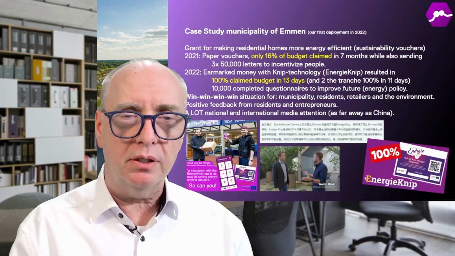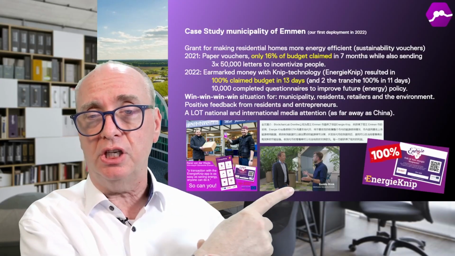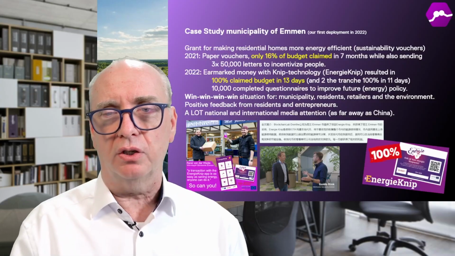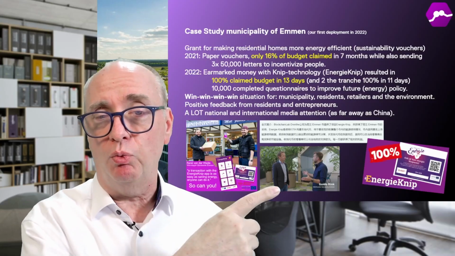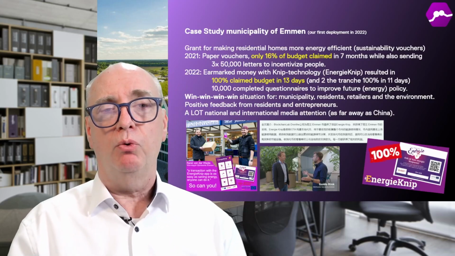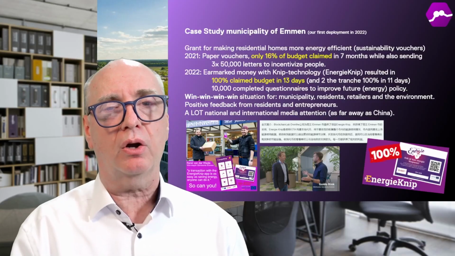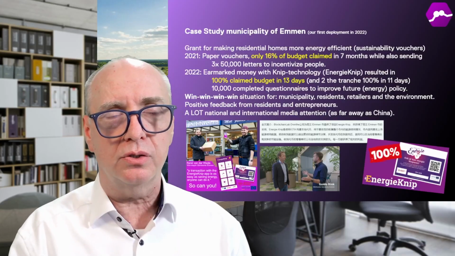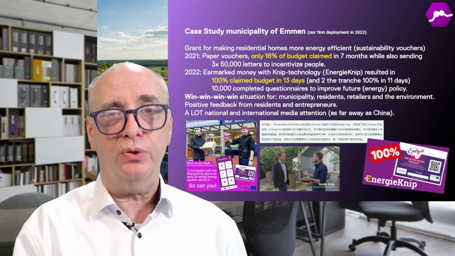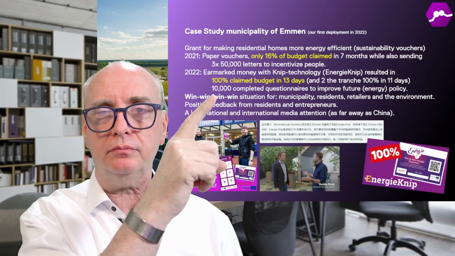Now they came to us, and in January of 2022, we used MultiKnip. And MultiKnip was the front runner of MultiKnip. It only had one coin, where MultiKnip can hold several coins. We sent out 50,000 QR codes, 50,000 wallets on January 11th of 2022, and 13 days later 100% of the money was claimed, right?